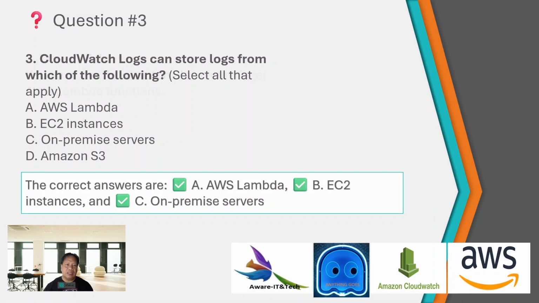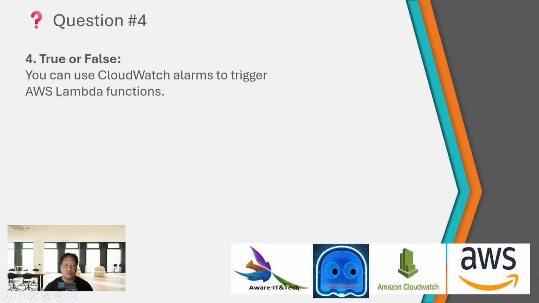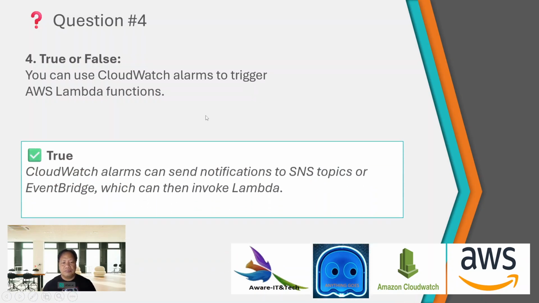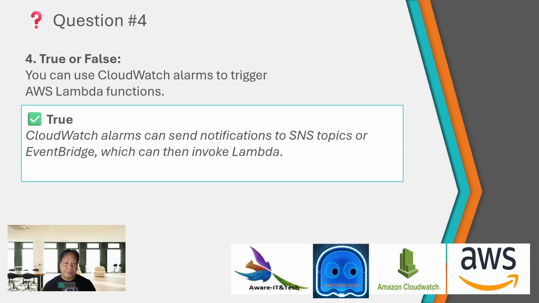And then true or false, you can use a CloudWatch alarm to trigger an AWS Lambda function. Yes, you can send that alarm to an SNS, and then from SNS you can trigger a Lambda function, or some other way, or EventBridge.